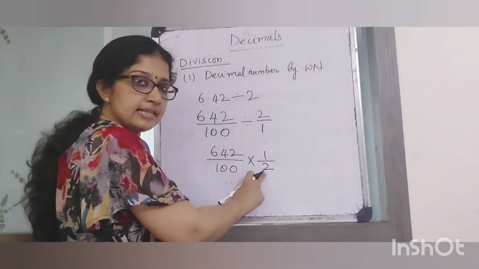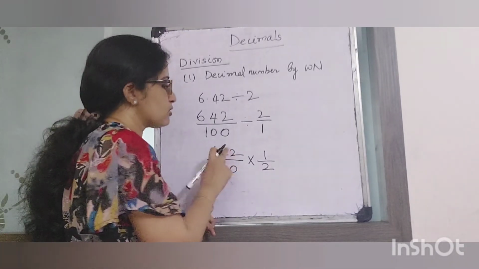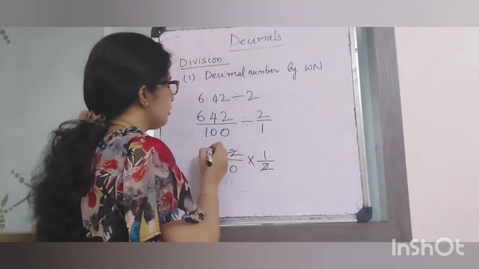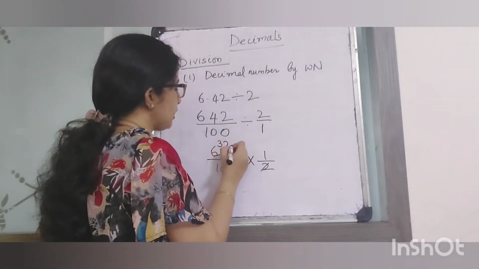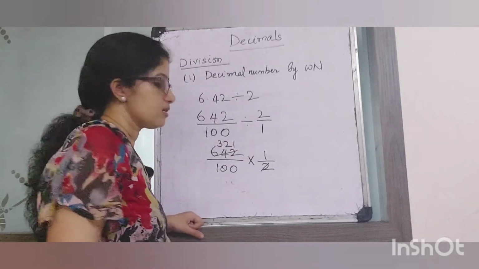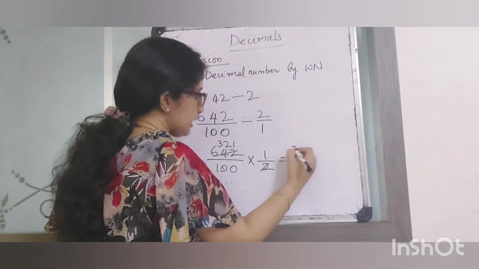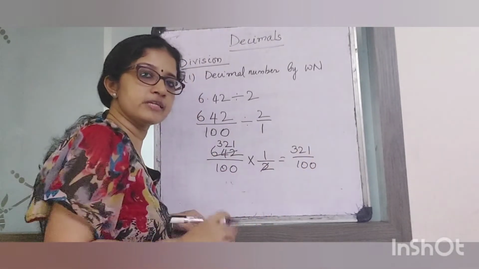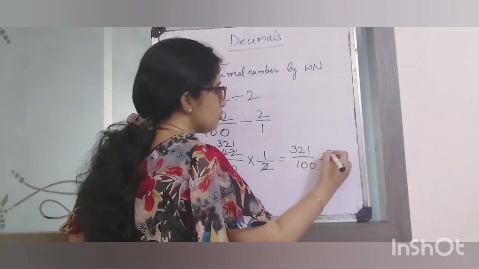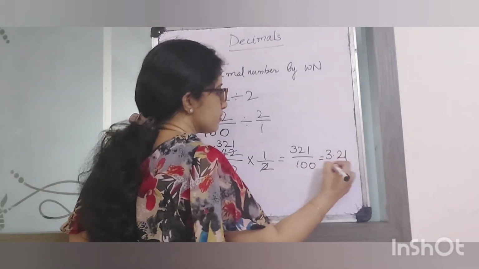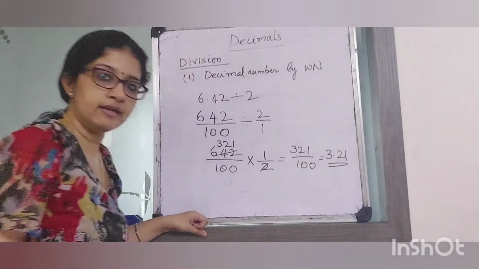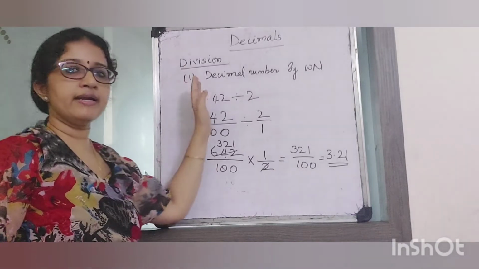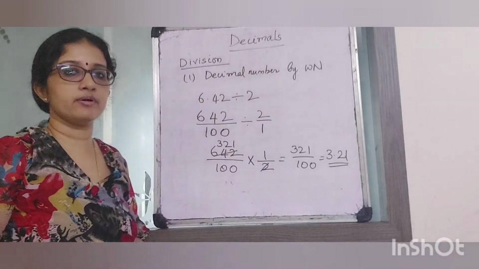We can cancel this 2 here because 642 is divisible by 2, right? So if we cancel this and this, we will get 321. So the answer is 321 by 100. Now we can convert this into a decimal again, which is 3.21. Clear? This is how we have to divide a decimal number by a whole number.